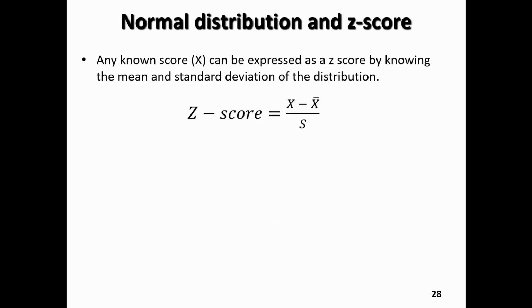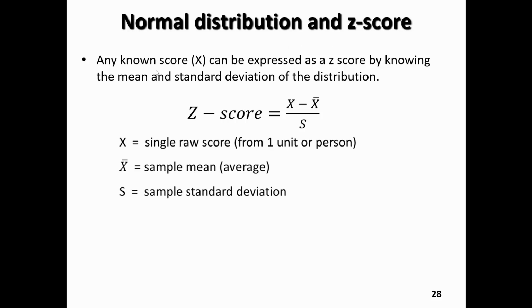The other manner in which the variability can be quantified is through what's called a z-score. A z-score is calculated for any known individual score. This is a relative value in the sense that the units are eliminated, and it identifies the location of one score within the entire distribution.